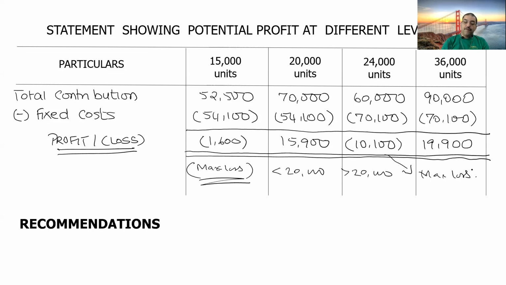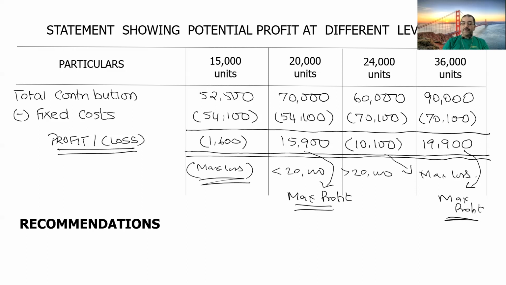Okay, maximum profit that I can earn if I sell 20,000 or less. And if I'm selling more than 20,000 units, then maximum profit is 19,900. This is the maximum profit.